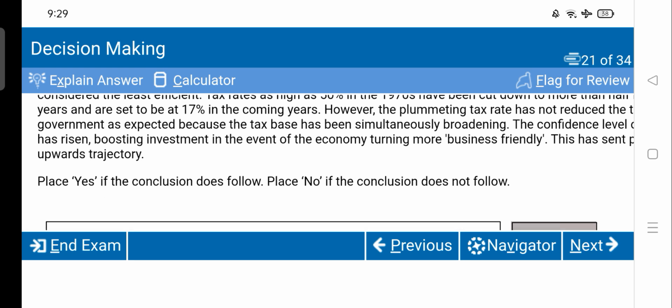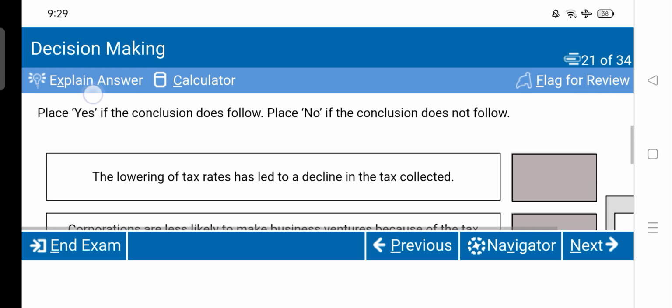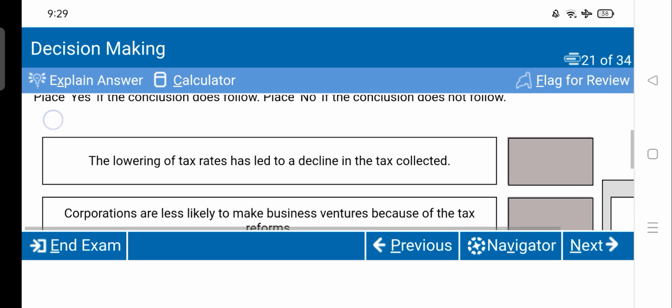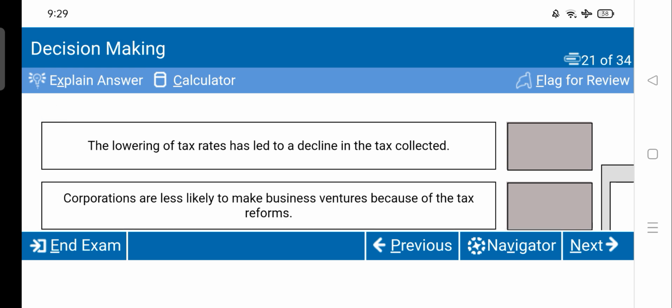Place yes if the conclusion does follow, place no if the conclusion does not follow. So the lowering of tax rate has led to a decline in the tax collected. Corporations are less likely to make business ventures because of the tax reforms.